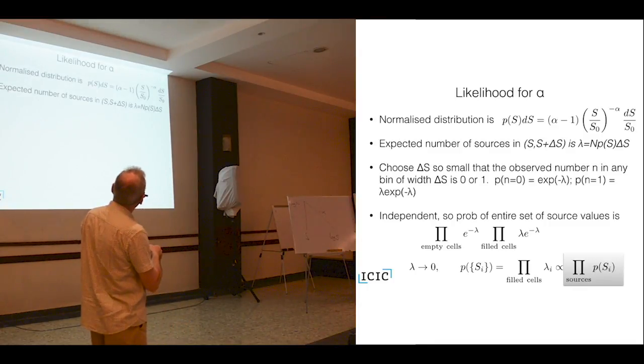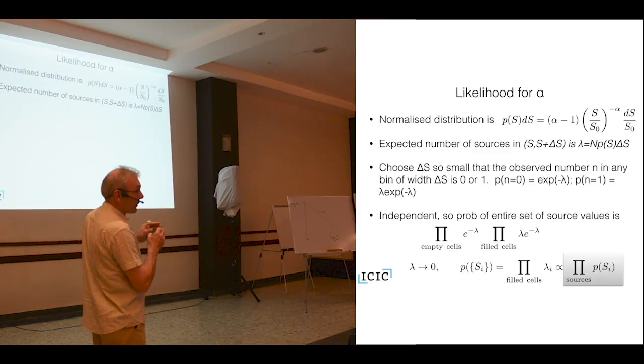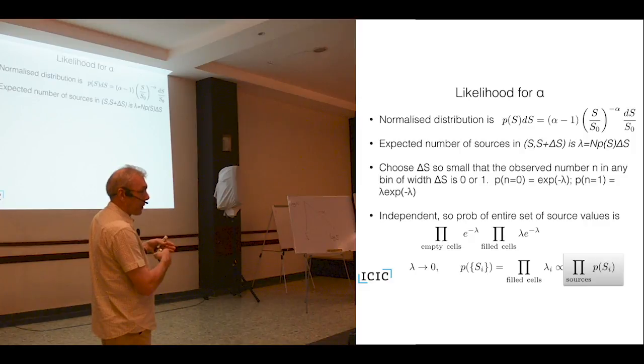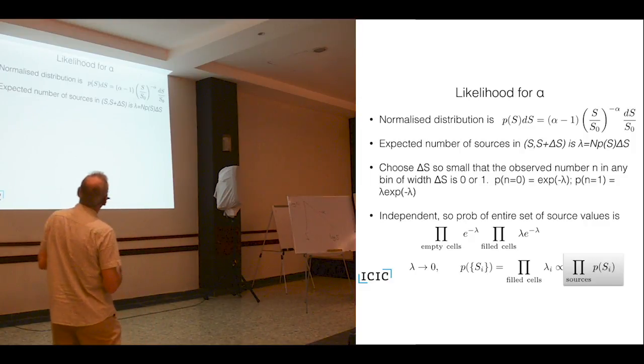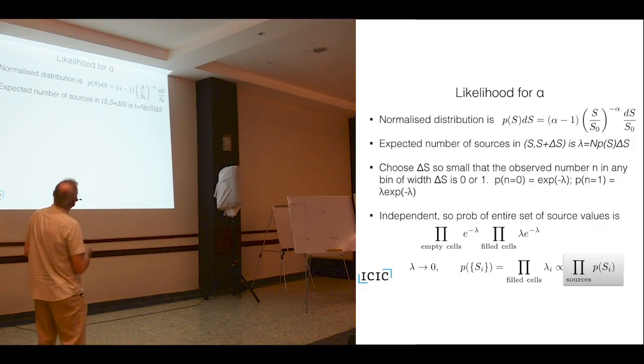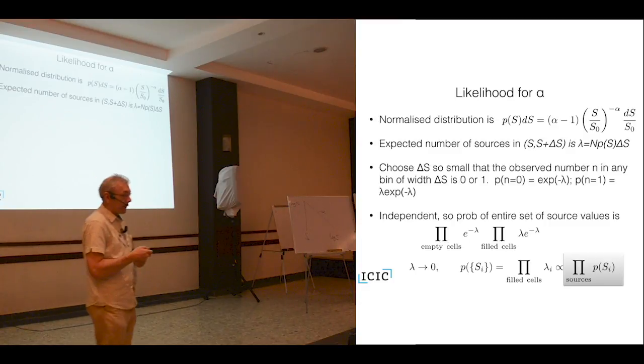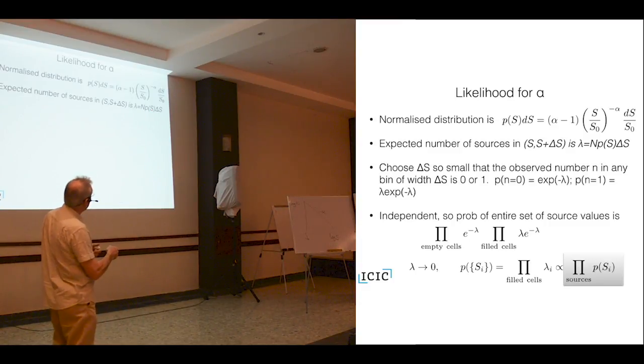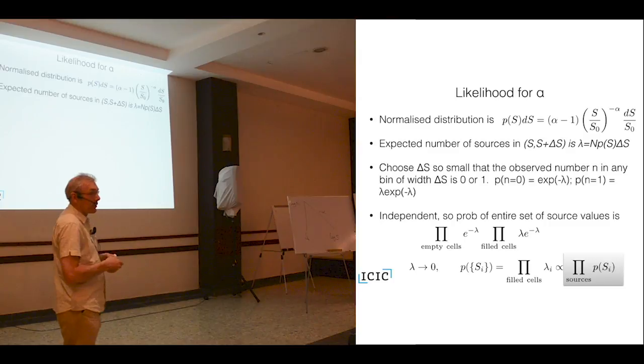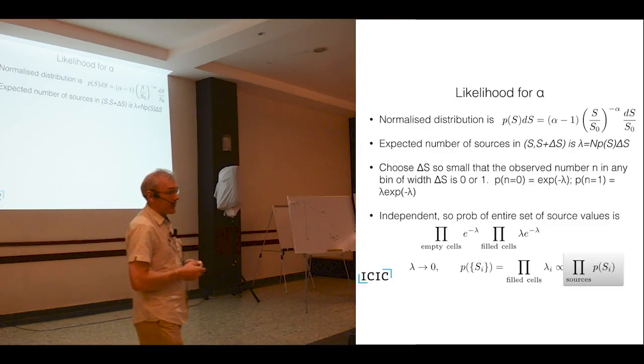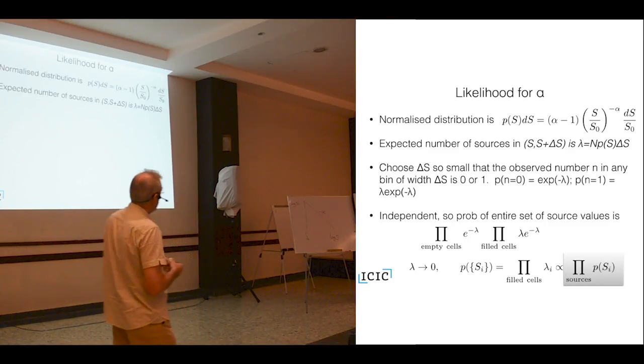This means that in a small range delta S around S, the probability is P of S times delta S. P of S itself is a probability density. So the expected number of sources in a small range of fluxes will be given by P of S times delta S times the number of sources that you observe. That would be the expected number.